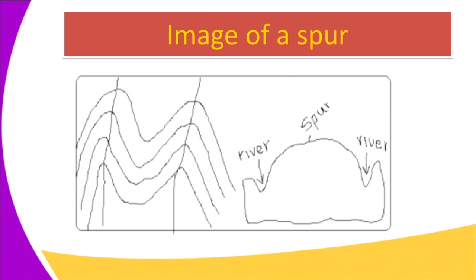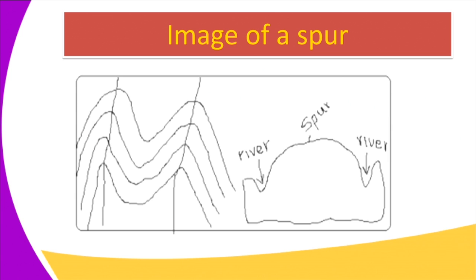We have an image of a spur below the topic, and these contour lines, we have said, are indicated in a U-shaped form. The difference between a valley and a spur is that we have two rivers crossing in between them. So that is the main difference between a valley and a spur.